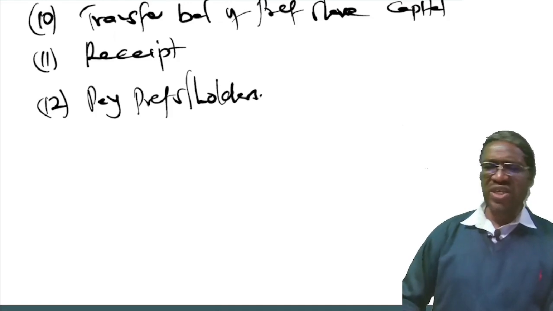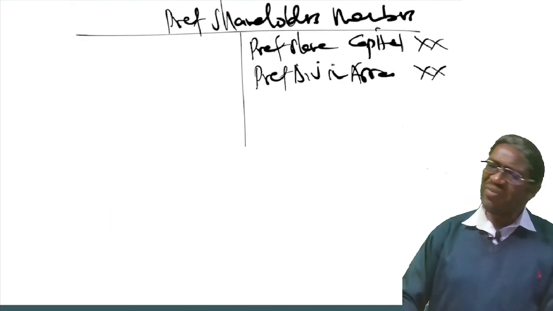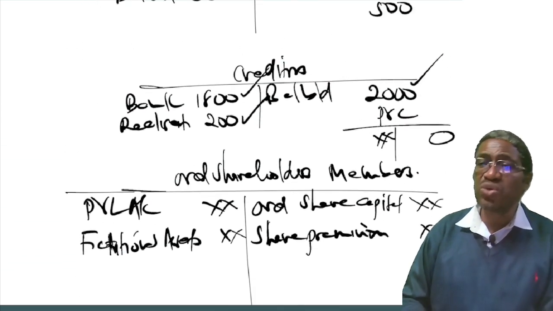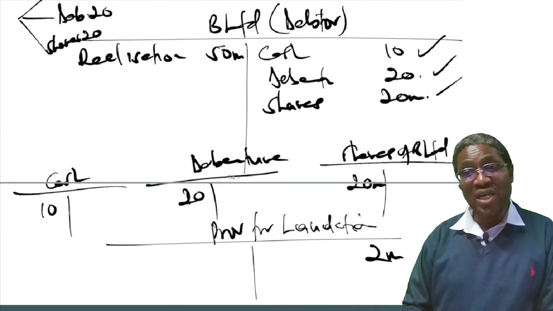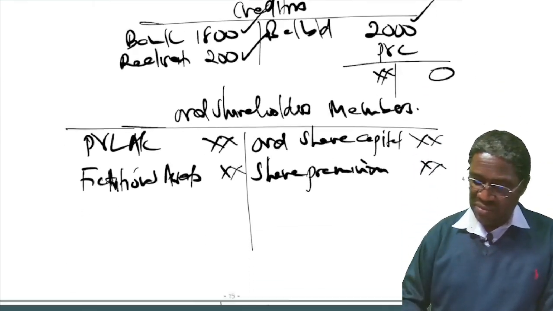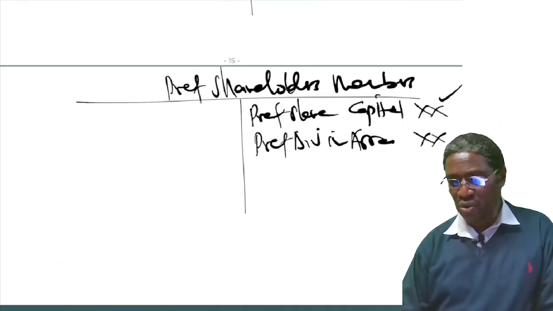The question will tell you whatever cash you received or shares you received, what is it that you are using to pay them? You had opened an account called preference shareholders members here, down here. Where is it? Here. We owe them their share capital on the credit.